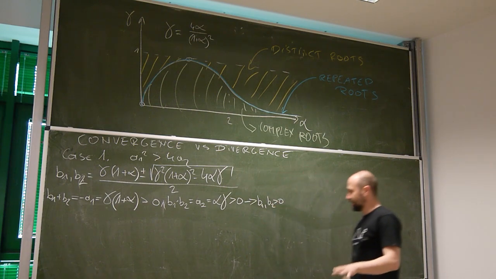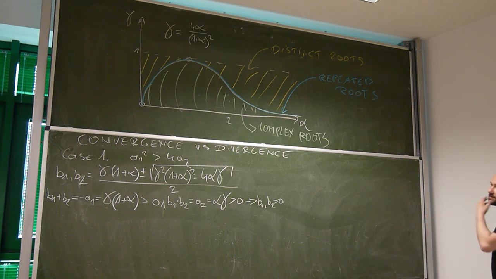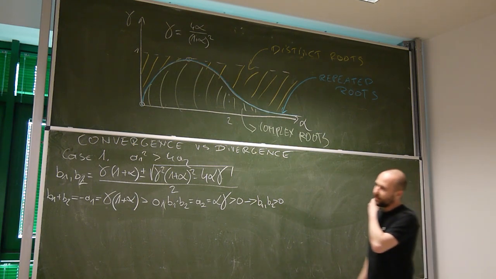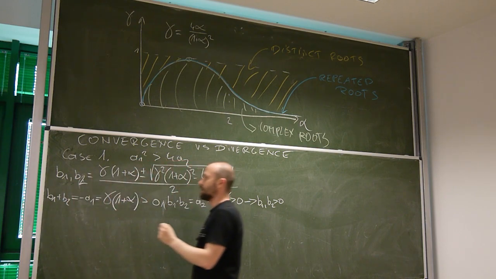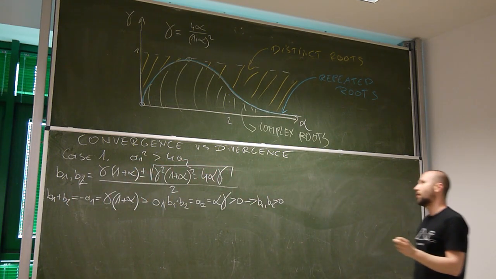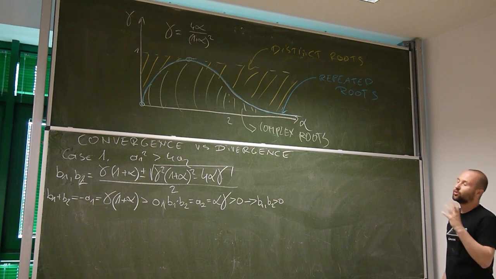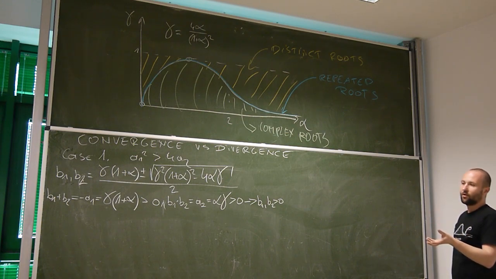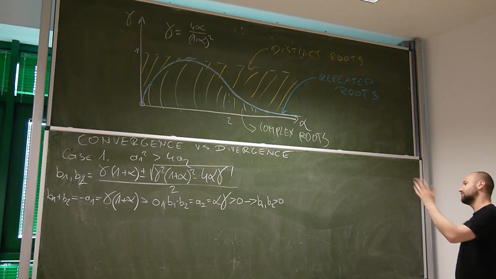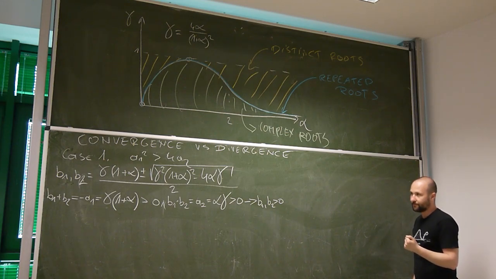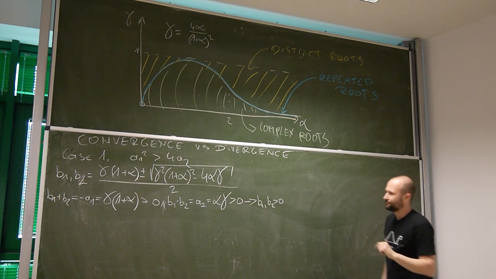So no oscillation over here, and we only need to consider when both of those roots are between 0 and 1, or when at least one of them is above 1, or equal to 1.